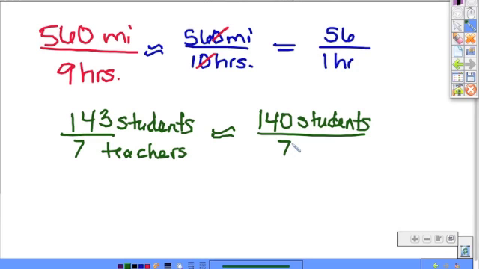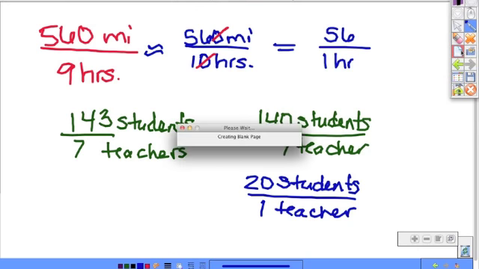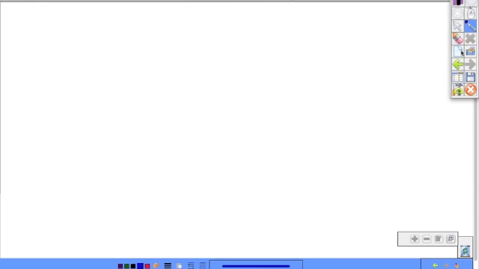Because I know 7 and 140 have a common number that I can then reduce this fraction by. Okay, so I know that 7 can go into 140 20 times, so that's 20 students per 1 teacher. And of course, since we estimated, it's not going to be a perfect rounded answer for ratio, but it gives you an idea that there might be a few kids lingering, but overall, it's going to be a 20-to-1 ratio.